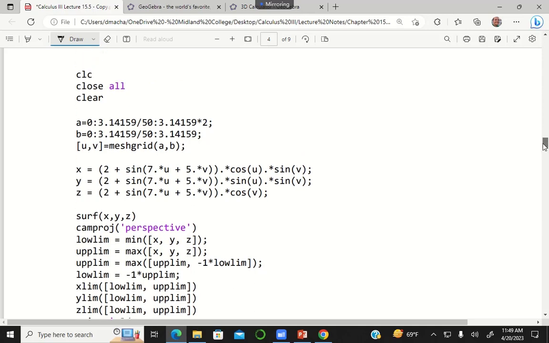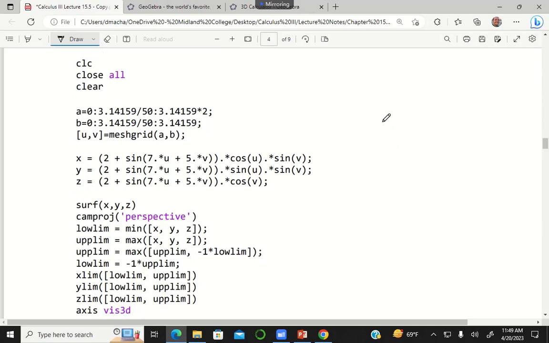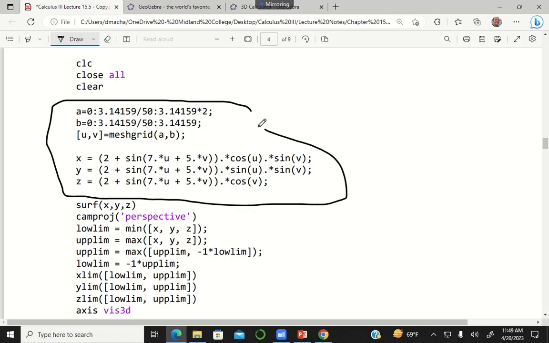We can do the same thing for more extra credit in terms of parametric surfaces. So all you have to do is copy this exact code into MATLAB Online at your place, and this is the only part that you might have to edit, but you can keep the rest of the code the same and just put in your formulas for your x, y, and z as a function of u and v.